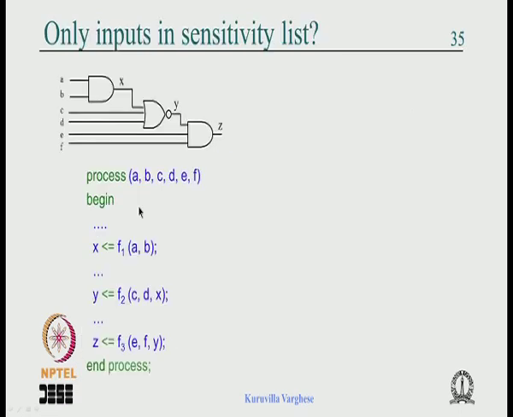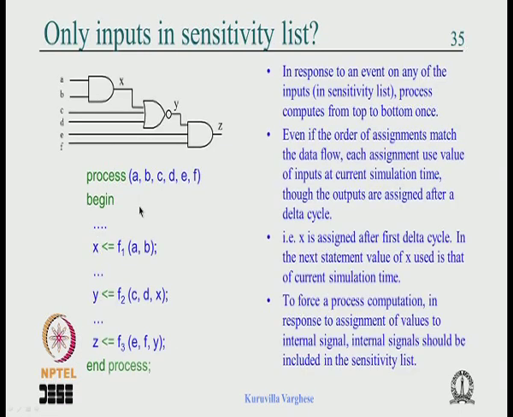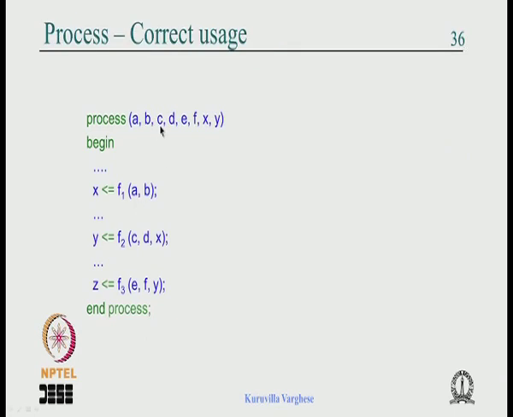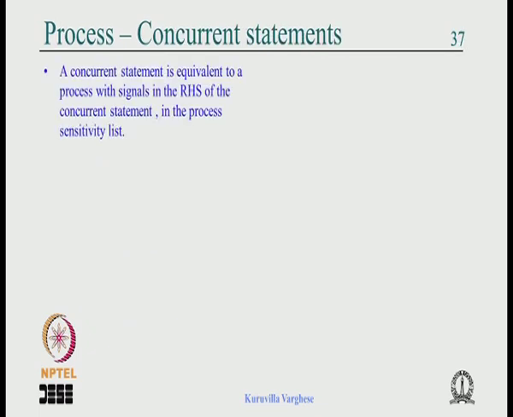Similarly, when you have a process, you can write equivalent multiple concurrent statements too. So there is an equivalence between processes and concurrent statements, that is what I want to say. A concurrent statement is equivalent to a process with the signals on the right hand side of the concurrent statement in the sensitivity list.